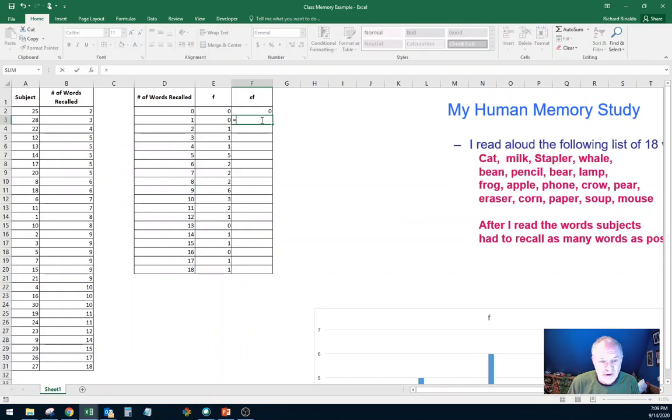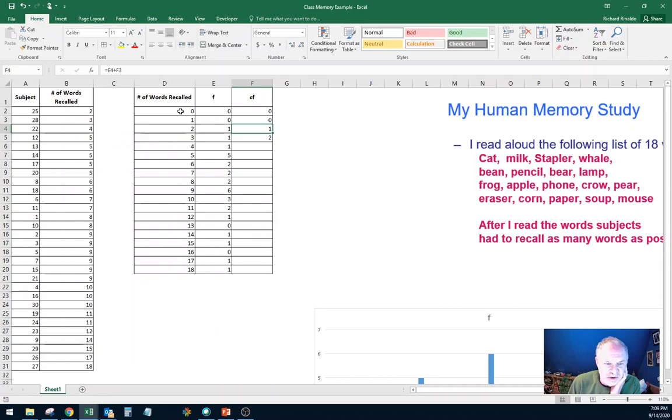The number of people who recalled 1 or fewer words, which would be this value plus this, is 0. In terms of 2 or fewer words recalled, there was 1 person.